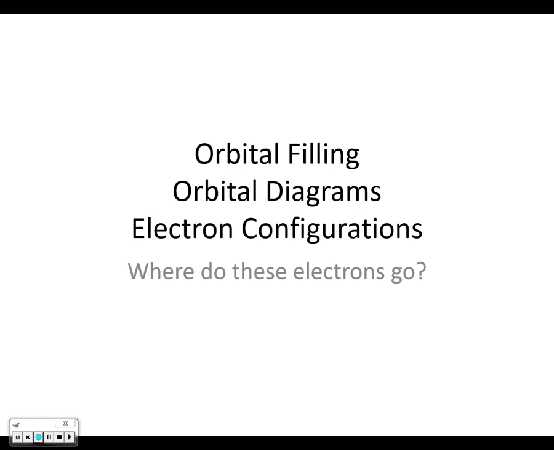Just like that, the addresses are all there, the houses are all there, but the likelihood of finding electrons depends on a couple of different factors, right? The likelihood of finding people depends on a couple of different factors. So's the case with our orbitals. The orbitals are all there, but which orbitals are filled and which orbitals aren't depends on a couple factors. Actually, it depends on one big factor, okay?